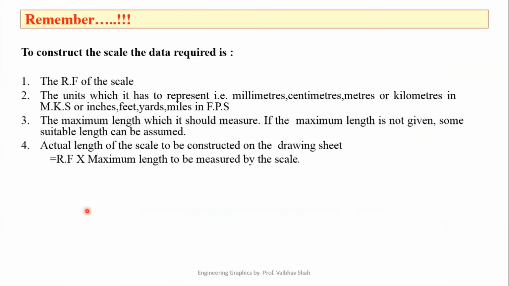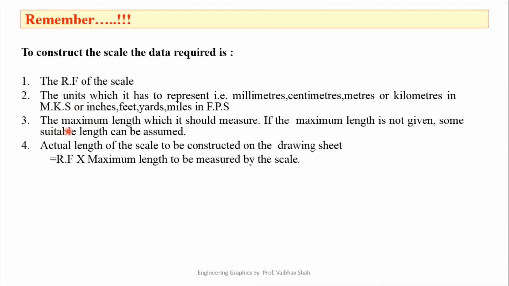Next, remember, to construct the scale, the data required is: number 1, the RF of the scale. Number 2, the units which it has to represent, like millimeters, centimeters, meters or kilometers in MKS, or inches, feet, yards, miles in FPS.